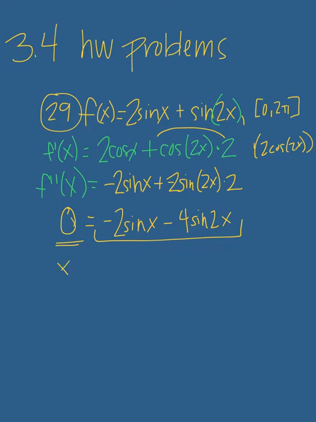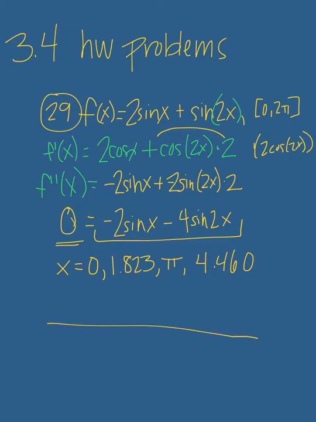That happens at 0, which makes sense, that one's kind of obvious. The other ones are at 1.823, and then at pi, which also should be obvious since the sine of pi is 0, and also at 4.460. Again, I would have just graphed that in my calculator and found where it hit 0.